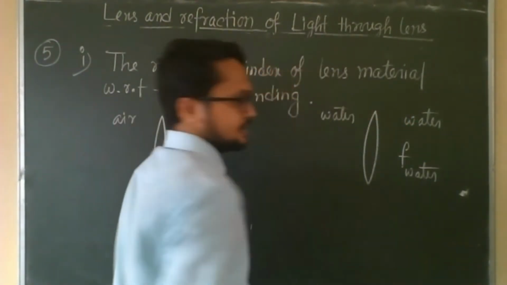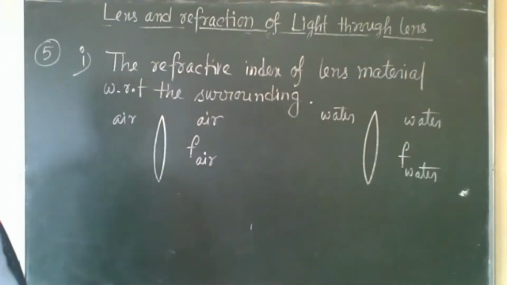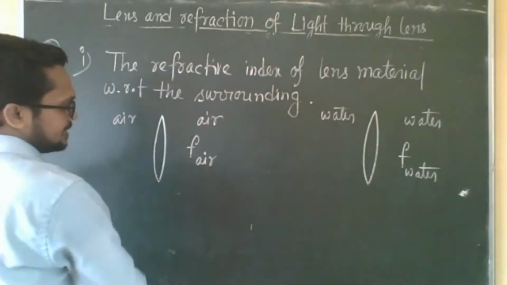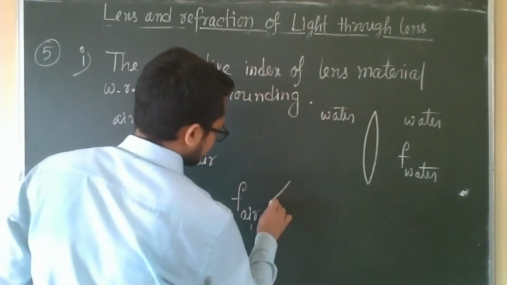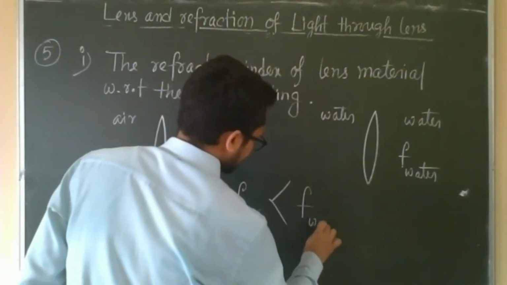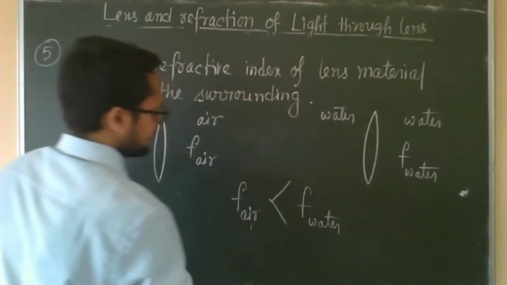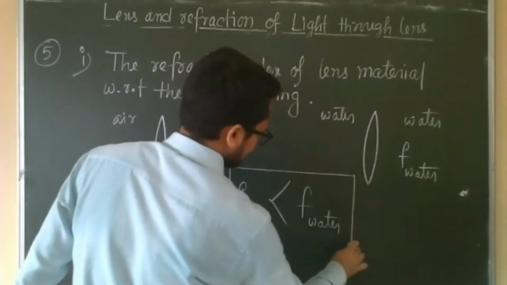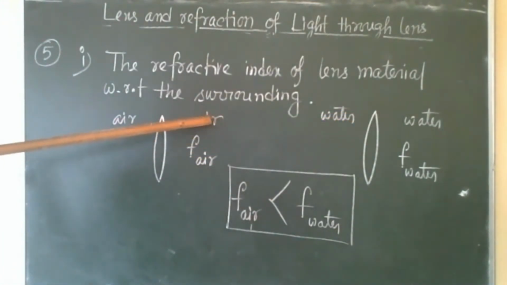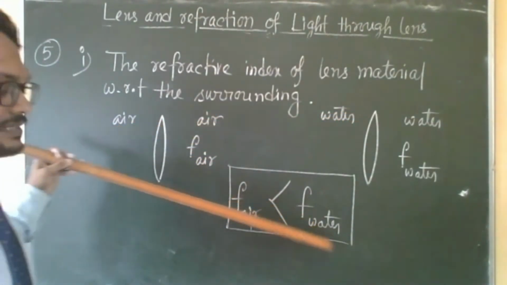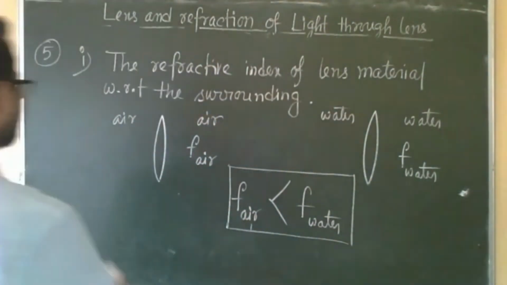Which focus? Second focus. So F water and F air, what is the relation between them? F air is less than F water. The lens is the same, only I have changed the medium. Here water, here air. So F air is less than F water. This is the first point.